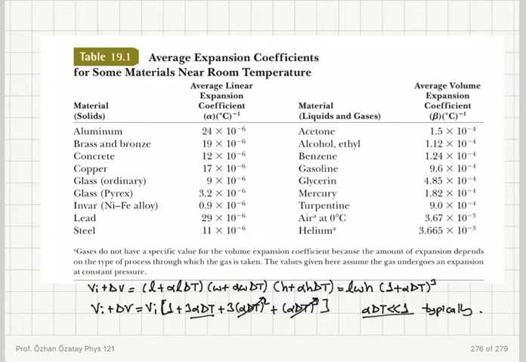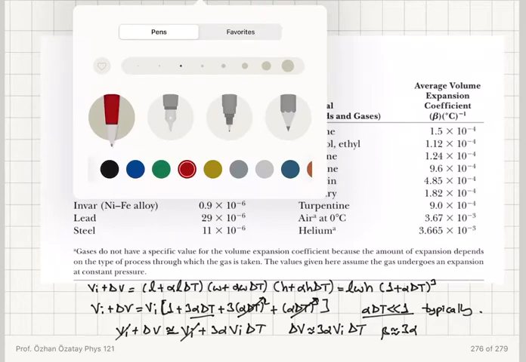So to first order approximation, I will find that V initial plus delta V is V initial plus 3 alpha V initial delta T. So V initial cancels, so I find that delta V is approximately 3 alpha V initial delta T, so beta is approximately equal to 3 alpha.